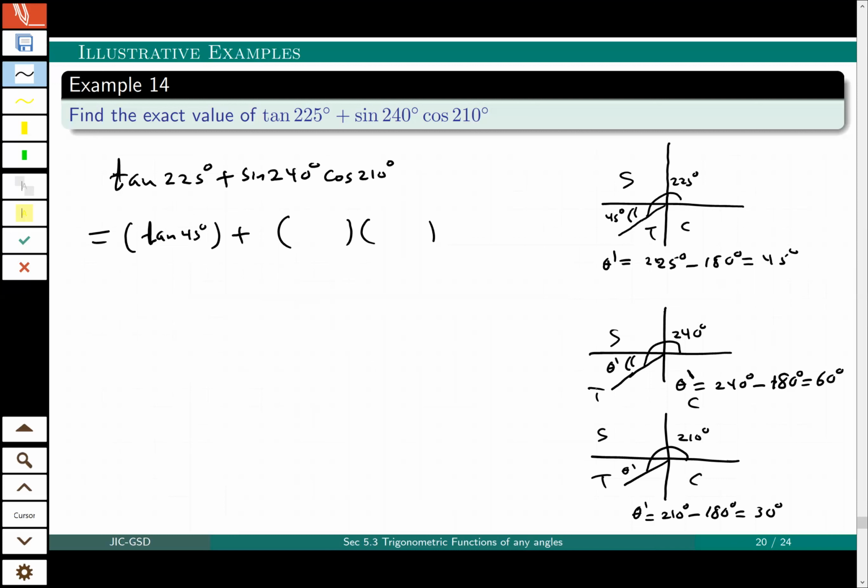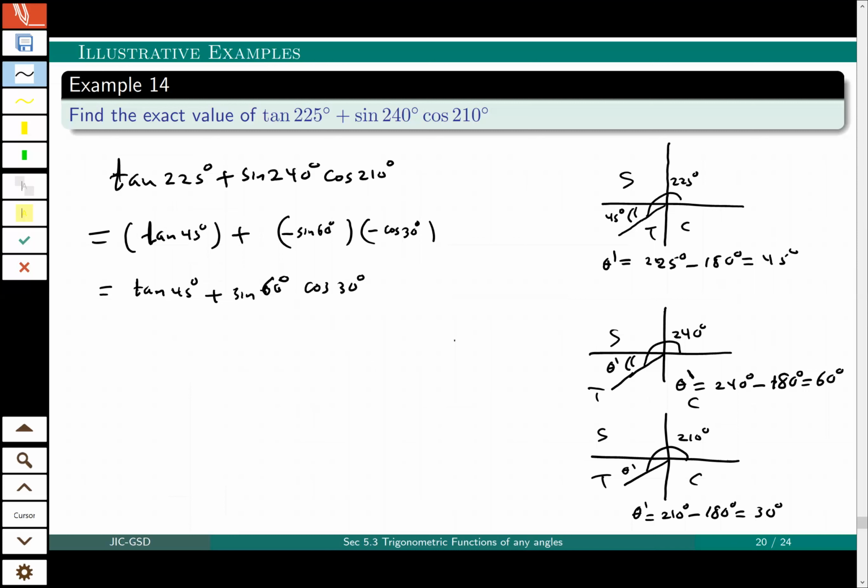Second one, sine is negative in quadrant number 3, so negative sine 60. Cosine is negative also, negative cosine 30. So I will have tan 45, negative times negative positive, sine 60, cosine 30.